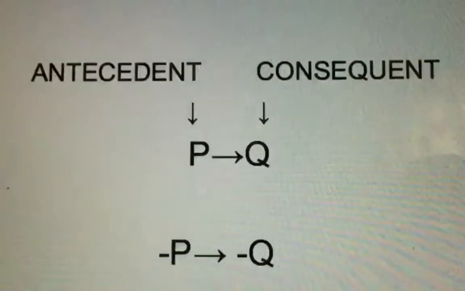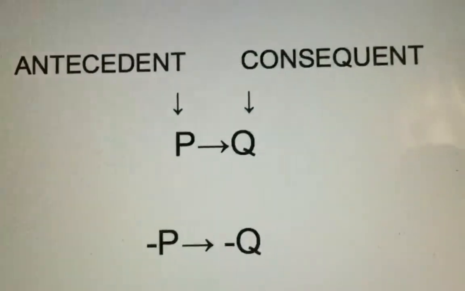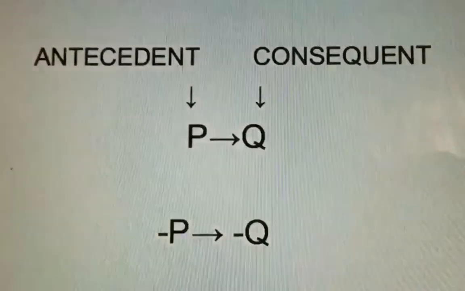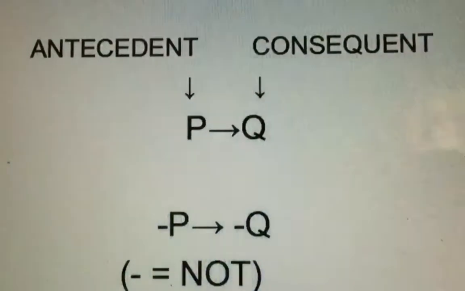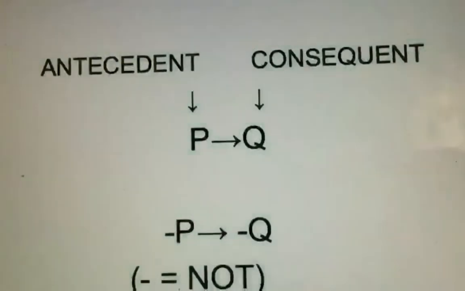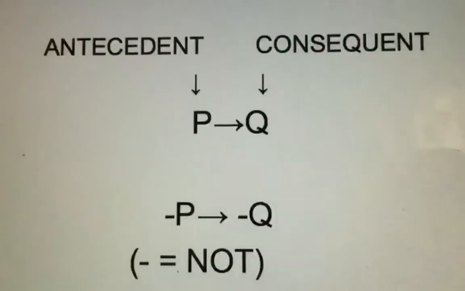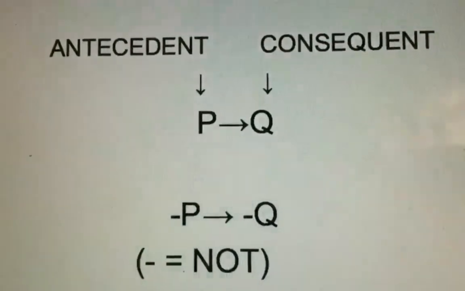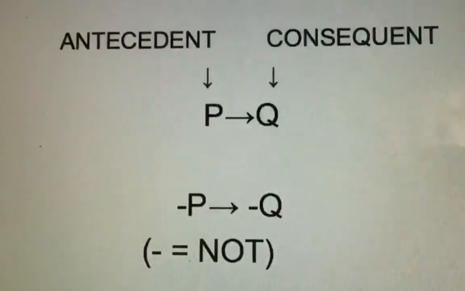Here P implies Q. In the first premise we saw that if P then Q, so it is clearly showing that P implies Q, and not P implies not Q. Here not P is the second premise and not Q is the conclusion. P represents the antecedent and Q represents the consequent. Therefore, not P represents the negation of the antecedent and not Q represents the negation of the consequent.